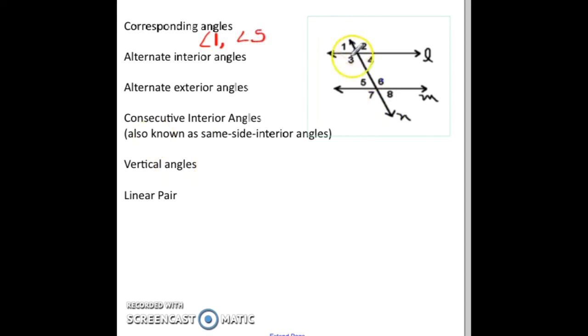Alternate interior angles are on alternate sides of the transversal. N is your transversal. So 4 and 5 are alternate interior because they're on the inside of those two lines, L and M. So 3 and 6, sorry, 3 and 6 and 4 and 5 are alternate interior. I'm going to write down 4 and 5, but 3 and 6 are also alternate interior.